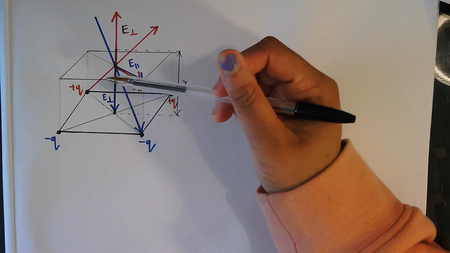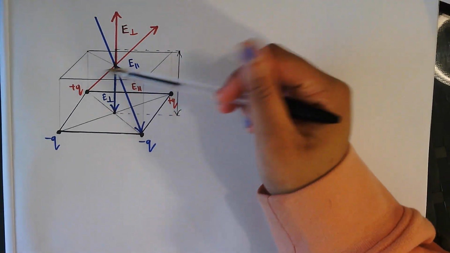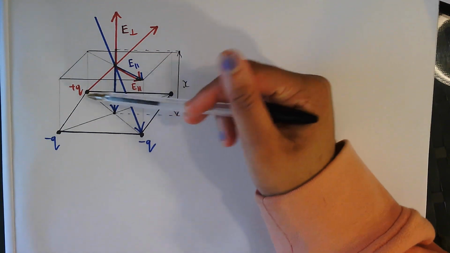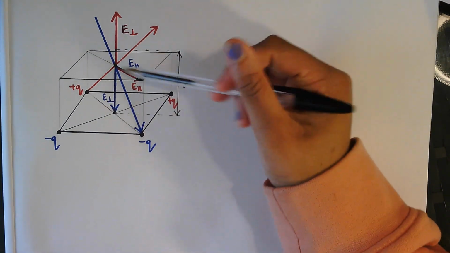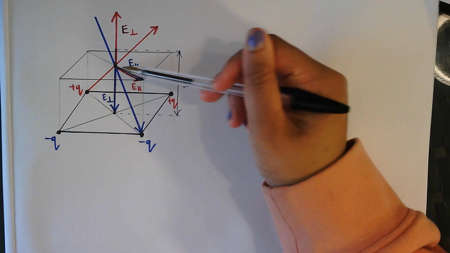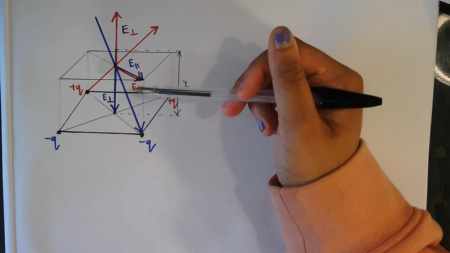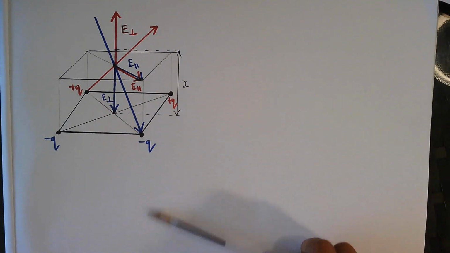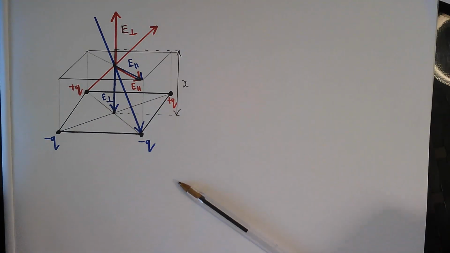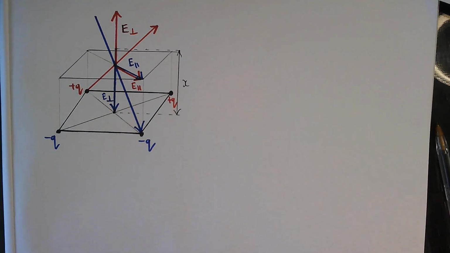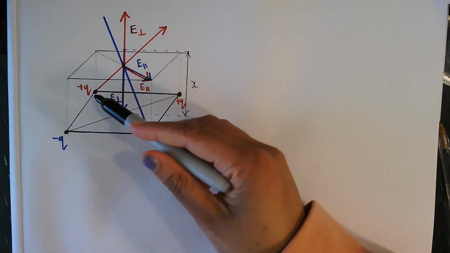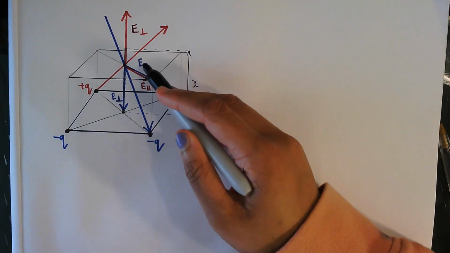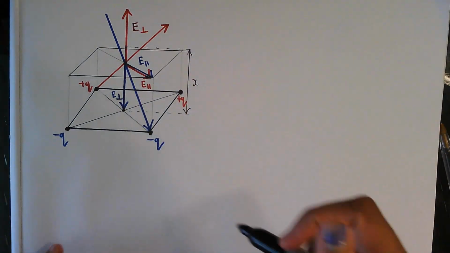So the overall electric field, which is occurring as a result of these two charges, is just equal to these two components added together. They kind of add together and combine. So the overall electric field due to these two charges is just equal to 2E parallel.